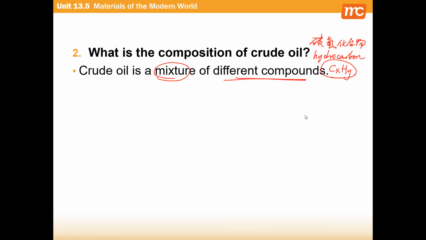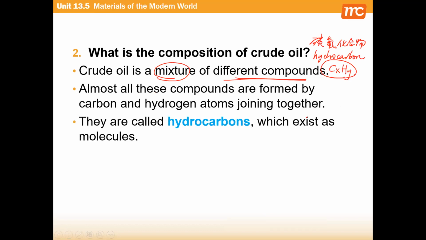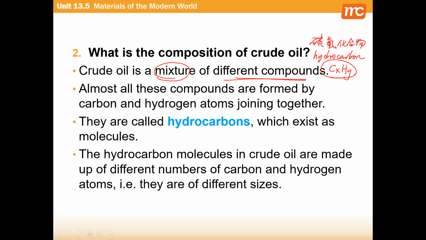So that's why very often, whenever you talk about fuel, we always talk about burning it. After burning it, we will have CO2 and H2O. Now, it makes sense, huh? Whenever any fuel is burned, it always gives out CO2 and H2O because it's carbon containing, it's hydrogen containing. Can you get the point? Of course, hydrogen fuel is an example. Only water will be formed after burning, but not carbon. 知唔知我講咩?